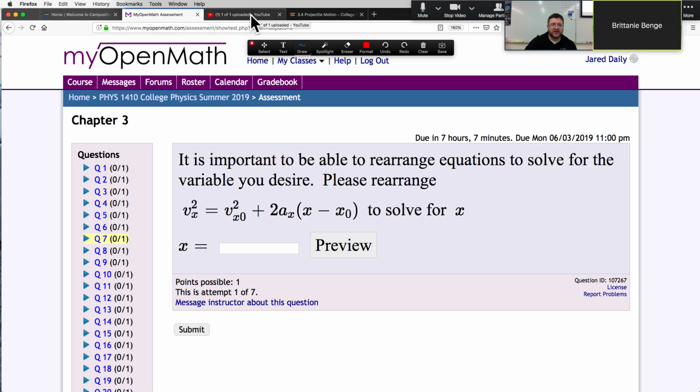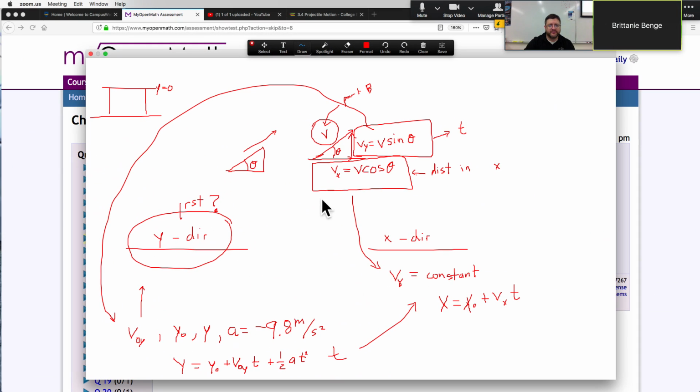Yeah, it asks me to solve for a sub y. Okay, let's do that then and show you how that's done. We're doing problem 7, and we're solving for the acceleration.